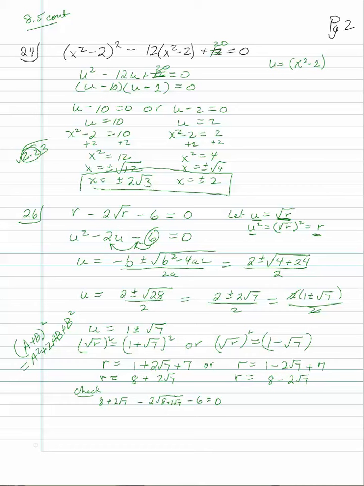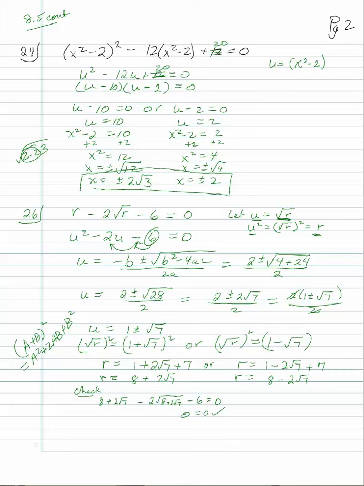Let's see, 8 plus 2 times square root of 7, minus 2 times square root of 8 plus 2 square root of 7, minus 6, 0. So we get 0 equals 0, check.